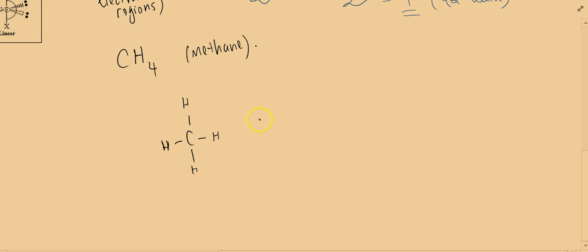So, number of lone pairs on carbon, the central atom, and the steric number. So feel free to pause the video again to figure these out for yourself, and also to figure out the geometry for yourself. The number of lone pairs, there are none, and the steric number of methane is 4.